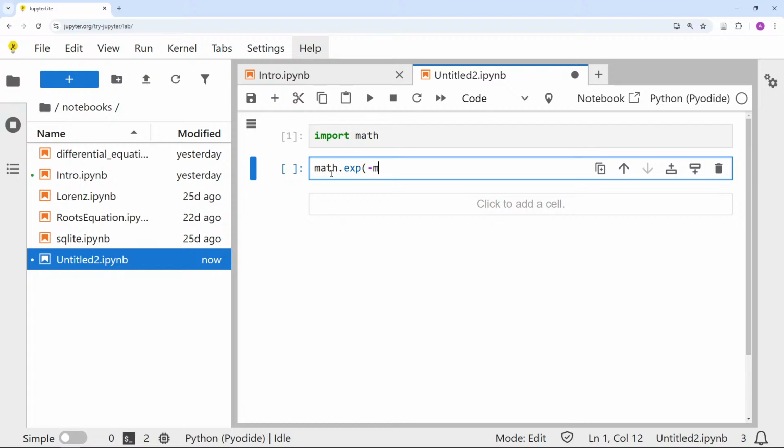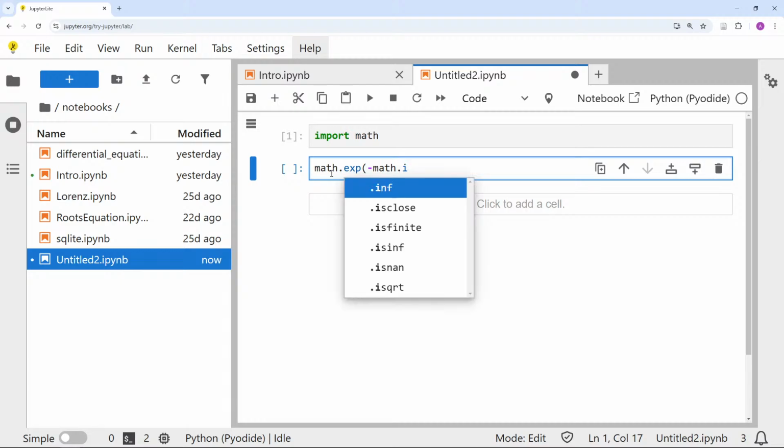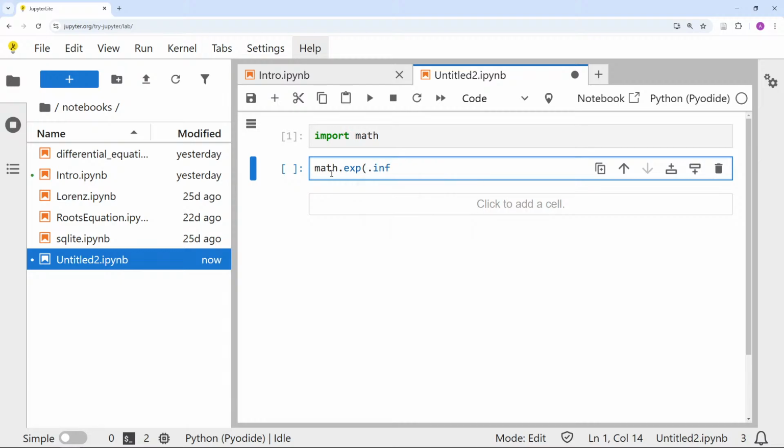So negative, and then math.inf, and you see here you have infinity.